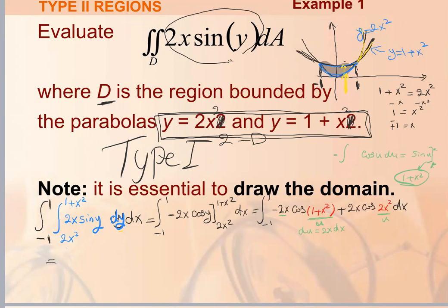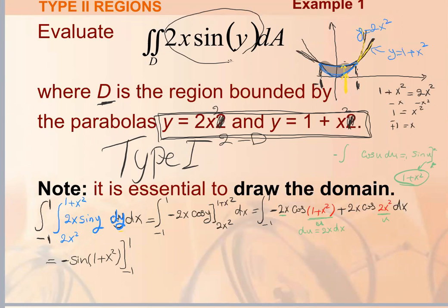So then I end up with cosine, integration of cosine is sine, and then u was 1 plus x squared, and then you plug in negative 1 to 1, and I transfer the negative. Same u substitution for the other one, but you don't need to show the work of u substitution here because it's the same as the top.